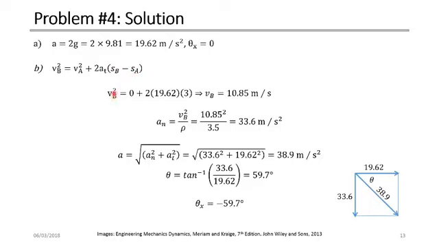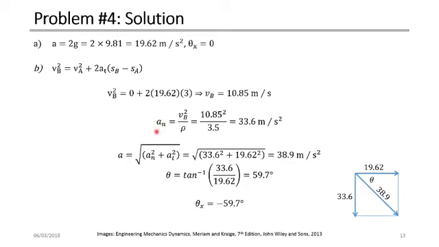So Vp squared, which is unknown, is equal to the initial velocity, which is 0, plus 2 multiplied by the acceleration, which is constant between A and B at 19.62, multiplied by the distance, which is 3. Based on this equation, we can find the velocity at point B, which is 10.85 meter per second.